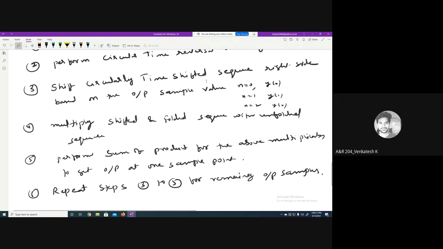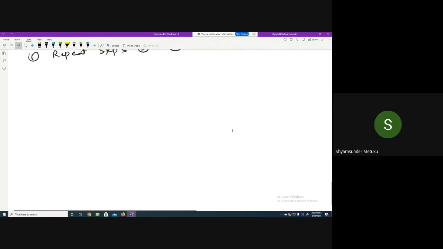Yes, sir. The second difference is that there were two possibilities: based on the n value being negative or positive, you might shift your signal towards the left or towards the right. Here it is always positive only. So positive means I need to shift the signal always right. There's no question of left. Okay? Is it clear? Yes, sir.